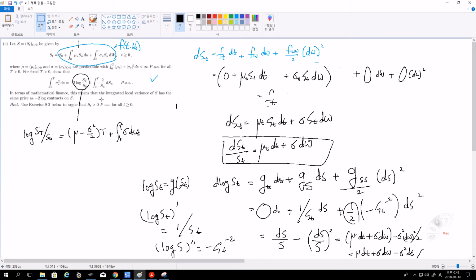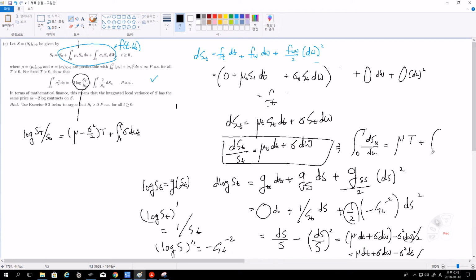Remember what we have over here. From this one, if we take the integration, using u, basically it is mu t, and here I'm assuming mu is constant, but it doesn't change the answer much.